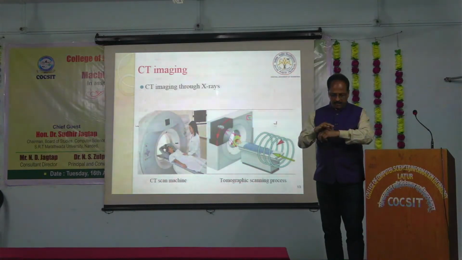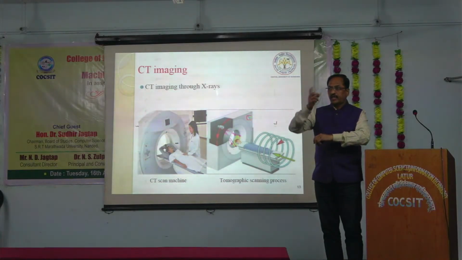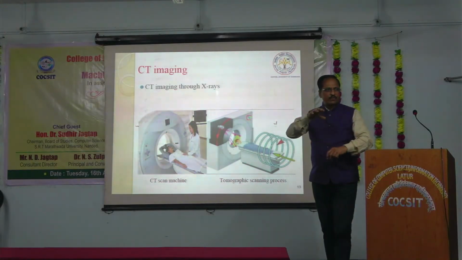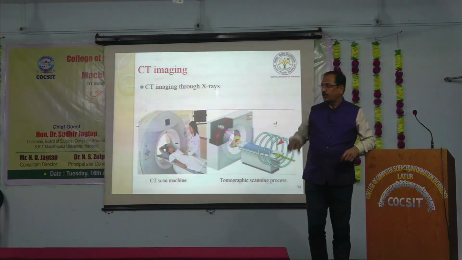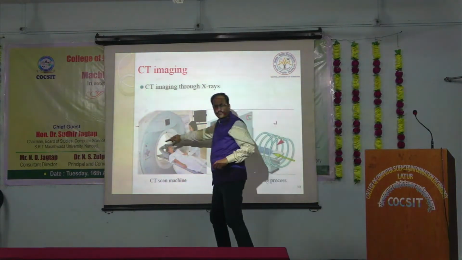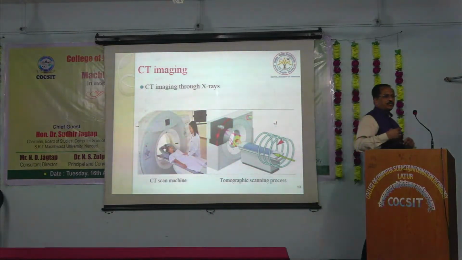Then my body will move a little bit, and next it will take another round. It will rotate. If any of you has undergone this procedure, you can see it rotating. And as it rotates, it will take a three-dimensional image.